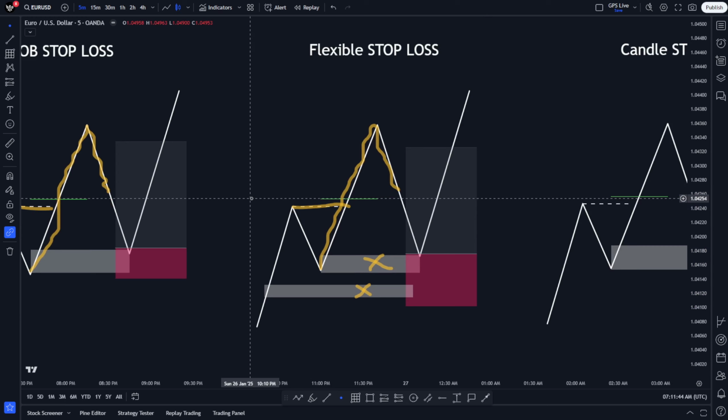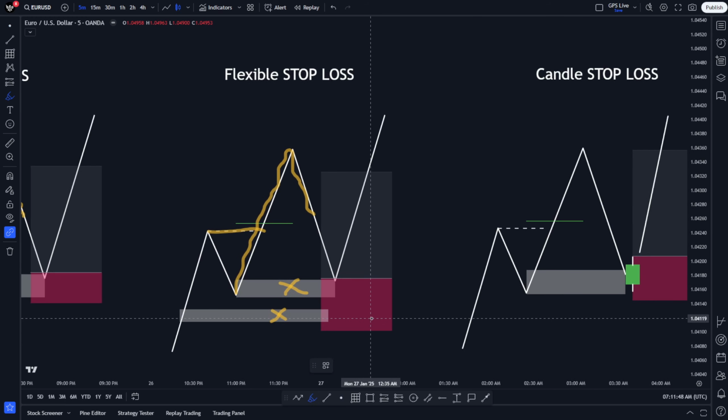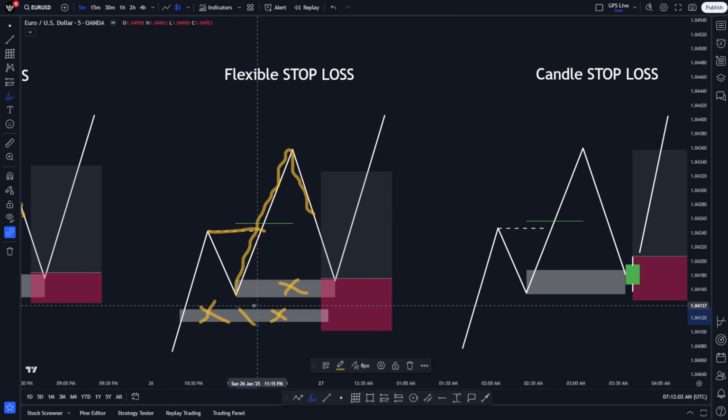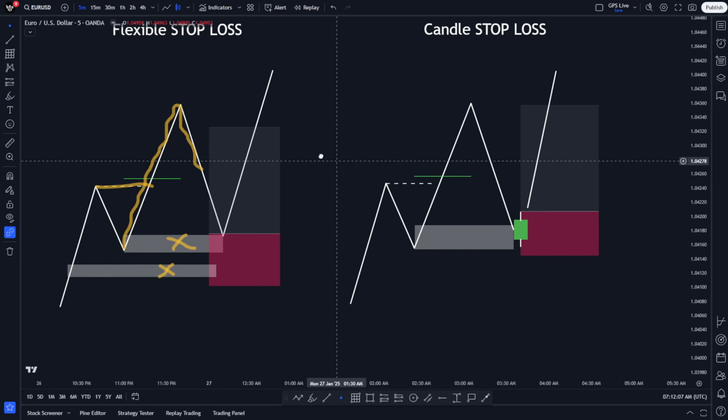So like I said, that's a significant difference. But at the same time, the win rate increases for our flexible stop loss method, because it should be a no-brainer: when you increase the stop loss, the win rate increases automatically. So if you have very good liquidity points below this order block, below your POI, you can use flexible stop loss. So now let's look at candle stop loss.